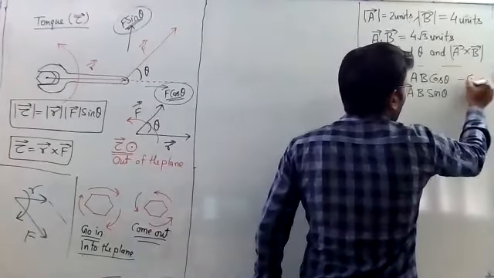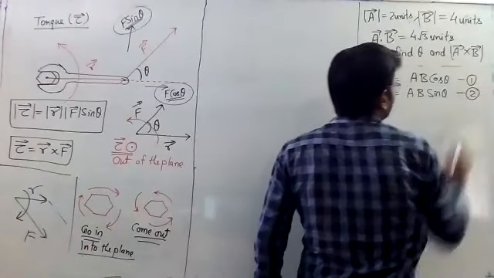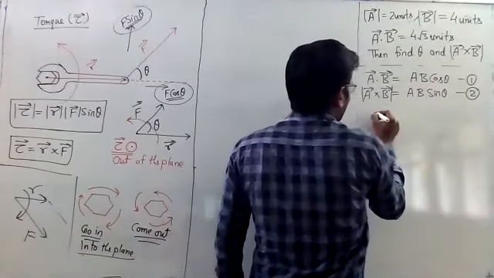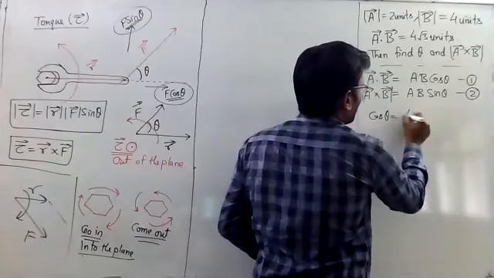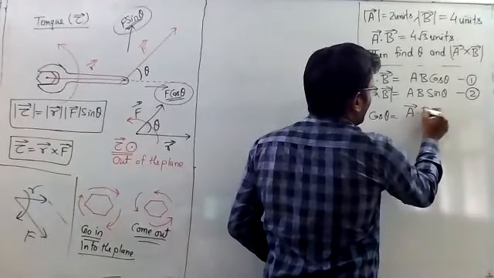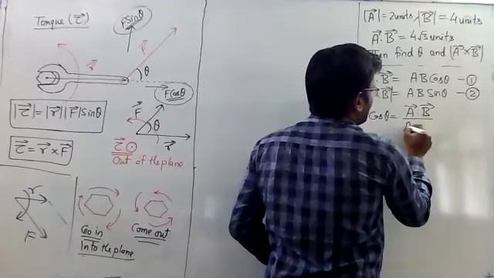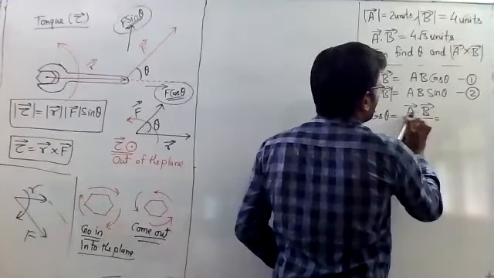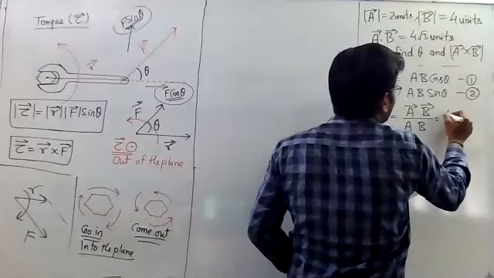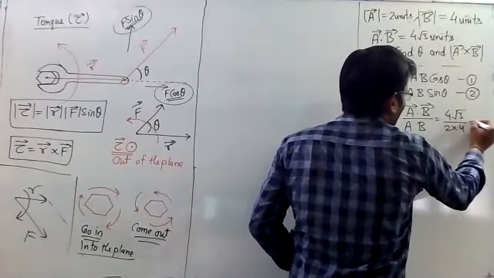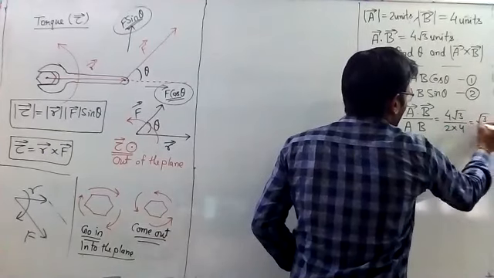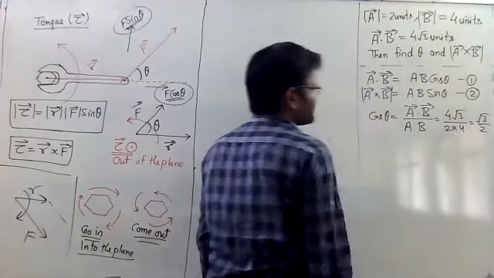Now, cos theta is equal to A dot B divided by the magnitude of A into the magnitude of B, which is 4 root 3 units by 2 into 4. It is equal to root 3 by 2, because A is 2 and B is 4.